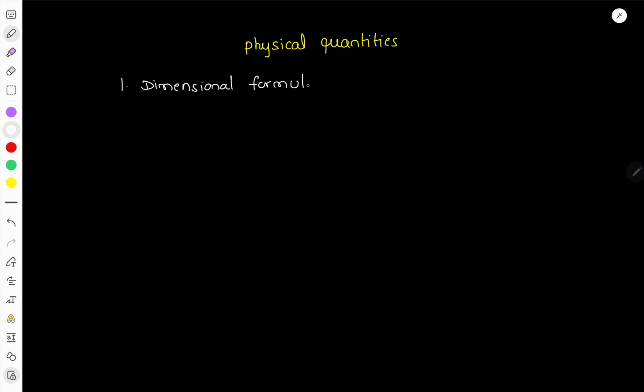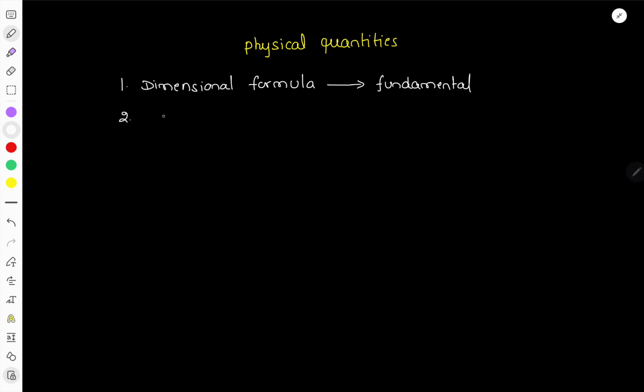What does this give us the idea of? This dimensional formula gives us the idea of which fundamental quantities the physical quantity depends on. That idea can be got by this dimensional formula.